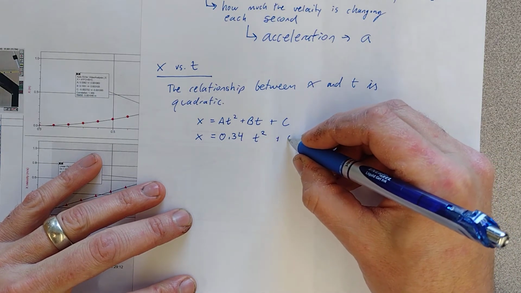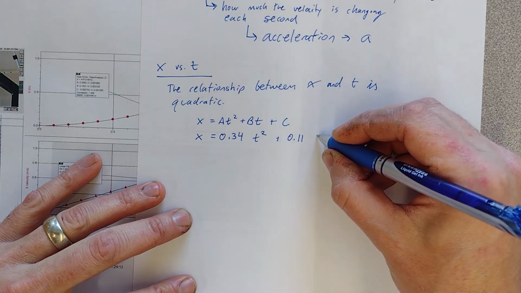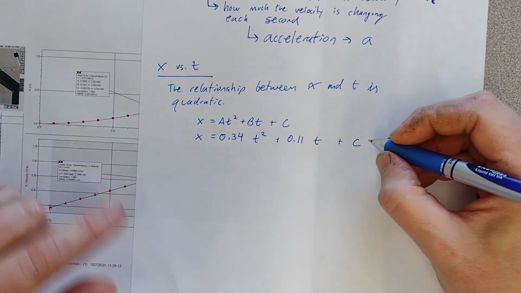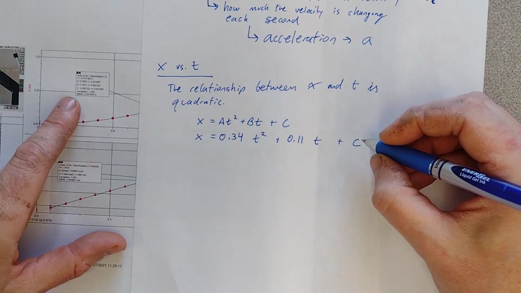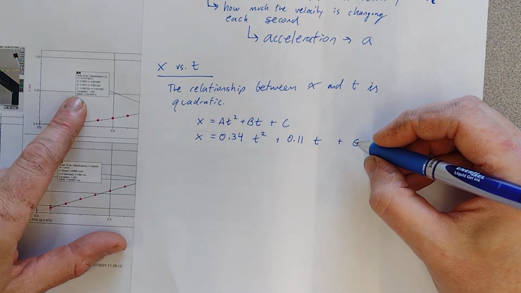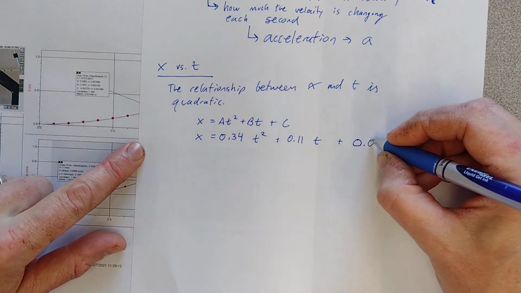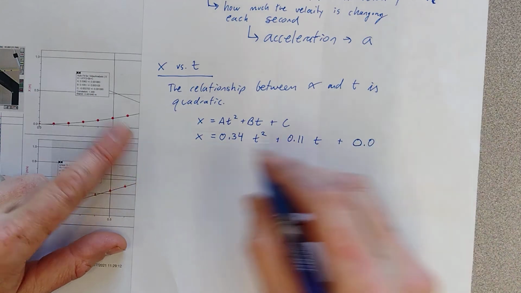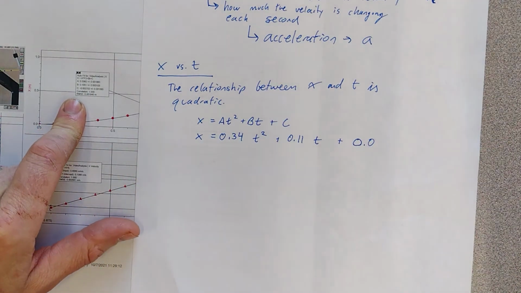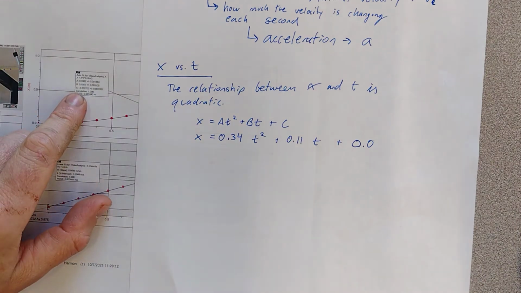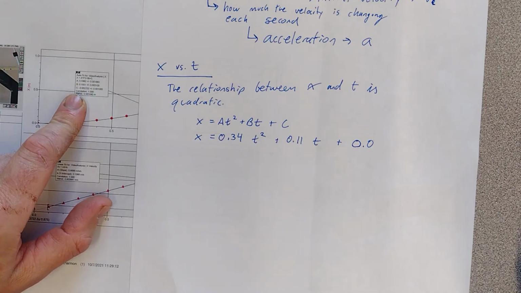Plus b, which is 0.11 times t, plus c, plus negative 0.002. So I'm just going to call that 0.0. And it's actually negative, but negative 0 isn't really a thing, right? So we'll just call it 0, our c variable. Mine was negligible. So small it doesn't matter. Negligible. Good vocab word for physics.